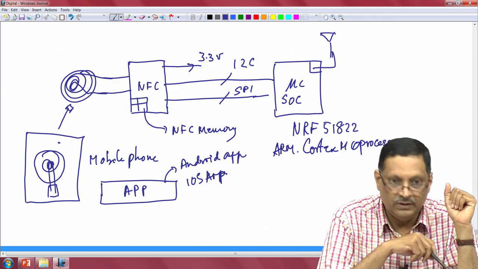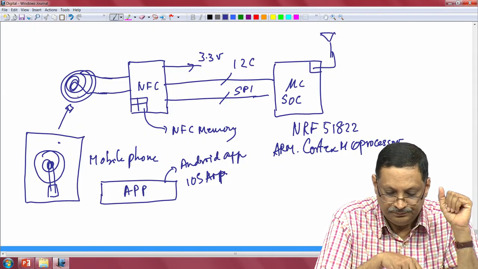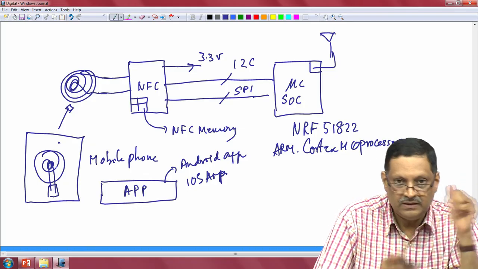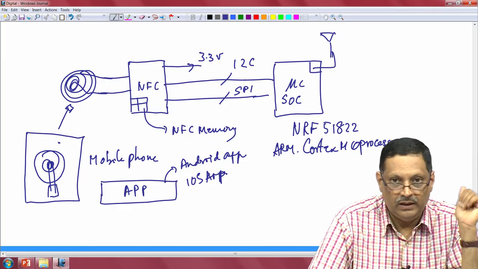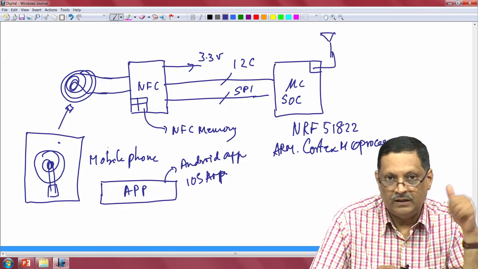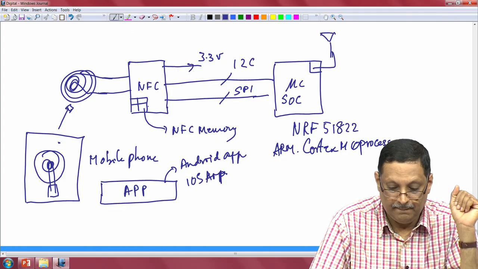So now what you can do is, as long as the phone is closely paired with this coil, you should be able to do several things by writing data, reading data and so on into the NFC memory.